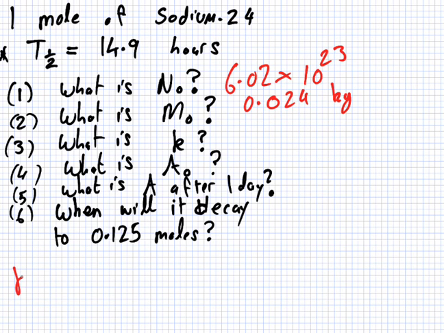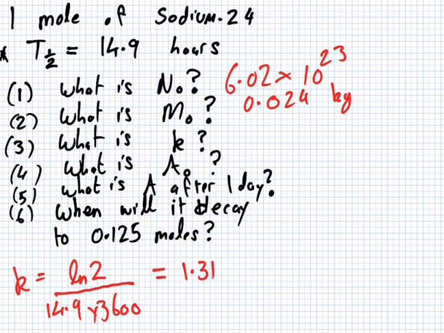Did you work out the k? The k is log 2 over 14.9 times 3,600. We usually do it per second. So what number is that now? 1.319 times 10 to the minus 5. And the unit? Hertz. Okay.